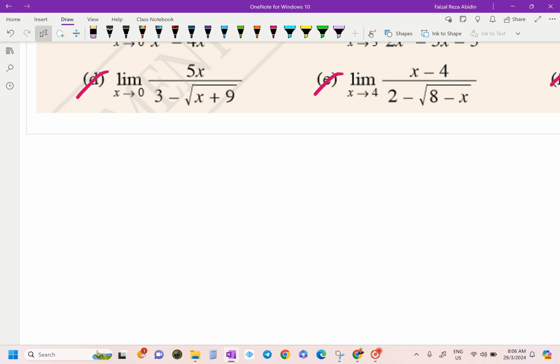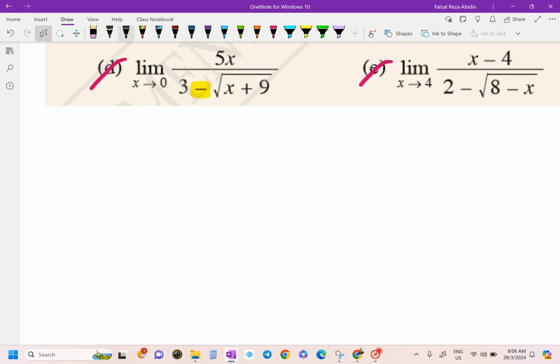Okay, so what happened over here? If you look, our denominator we have minus there, 3 minus with square root of x plus 9. So we can do times with our conjugate over here. So what happened? You are gonna copy back the equations over here. 5x over 3 minus with square root of x plus 9.